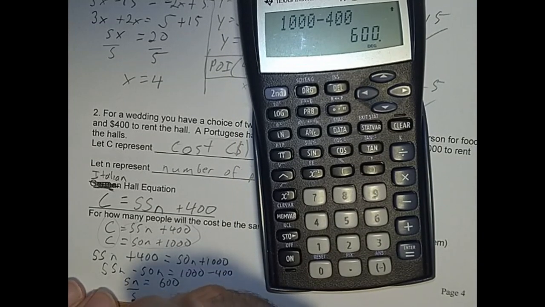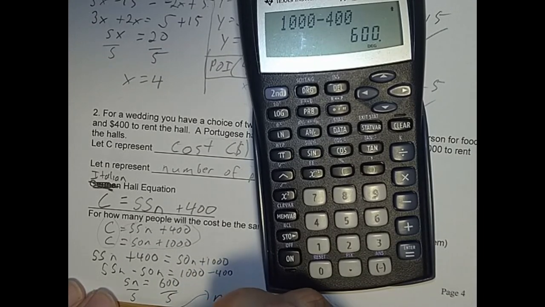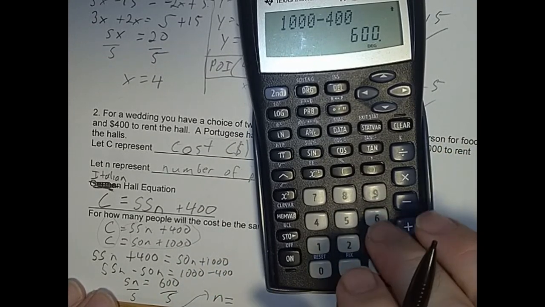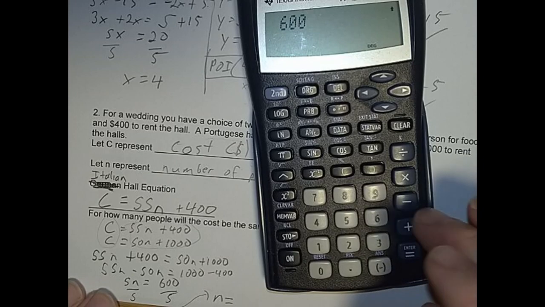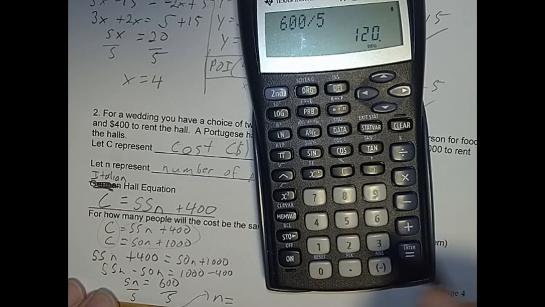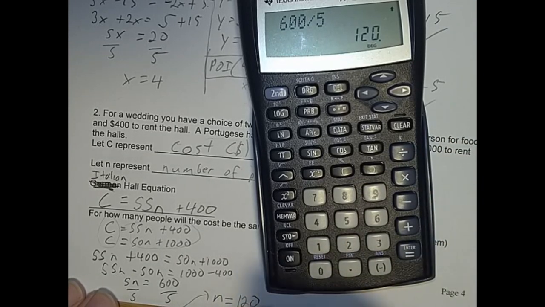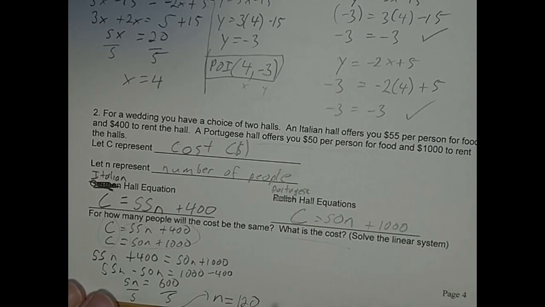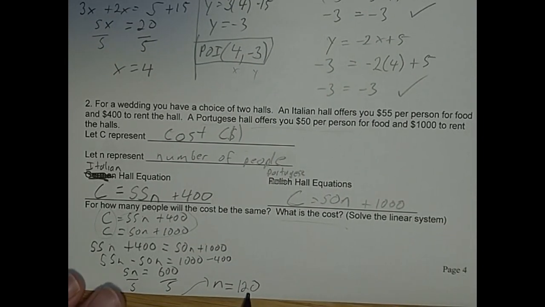Now divide both sides by 5. So N equals 600 divided by 5, which cancels on one side. 120. Now we're going to continue to solve. We're going to put the 120 in the first equation.